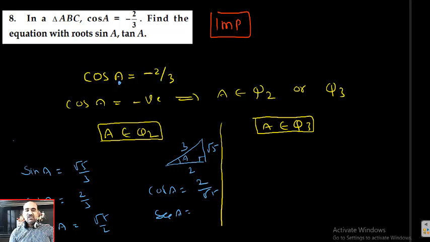Secant A equals 3 by 2. Cosecant A equals 3 by root 5. Now you want to find the actual values. In Q2, this one is plus, all the others are minus symbols. So these are the actual values of all trigonometric ratios when cos A equals minus 2 by 3.